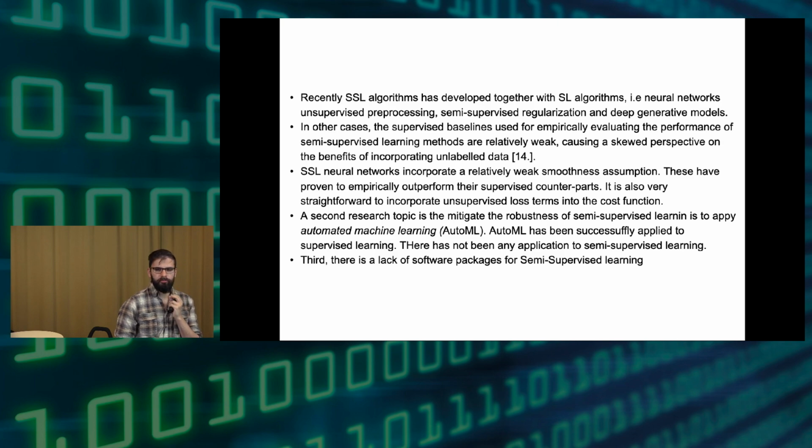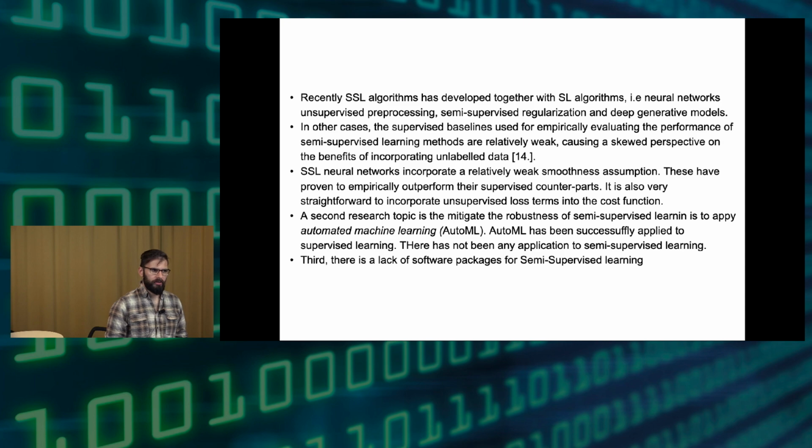It's also much easier with deep learning models to make changes in the loss terms of the cost function that you optimize during the learning procedure. And one big reason why it's not widely used in industry is that there's a severe lack of software packages for semi-supervised learning, so you'll most likely have to do all the coding yourself.